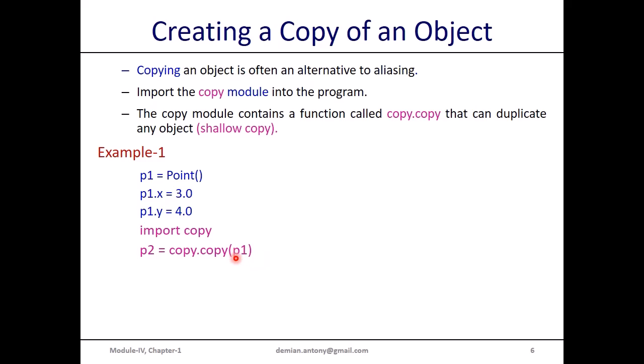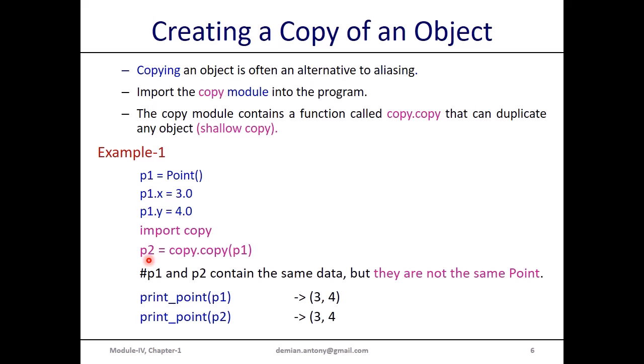So this argument P1 is the source object, and this is a new copy that is being created for me. And you can print the contents. If you have a function called print_point which prints the x and y values, and if you pass P1 you get the values 3, 4, and if you pass P2 again you get 3, 4.